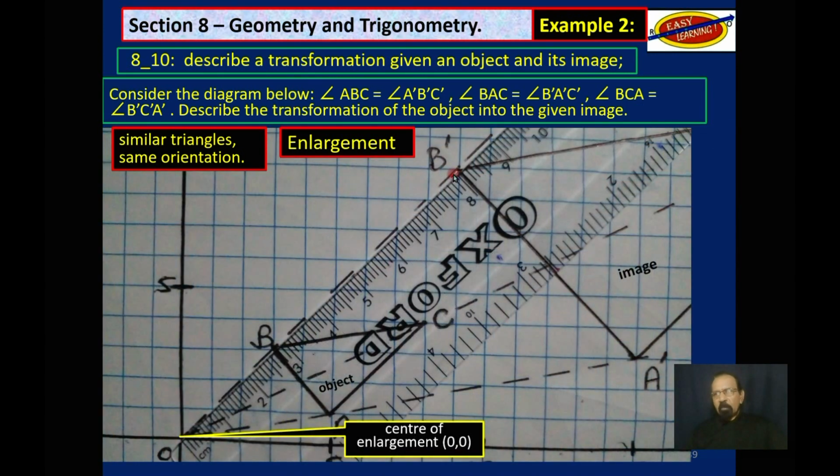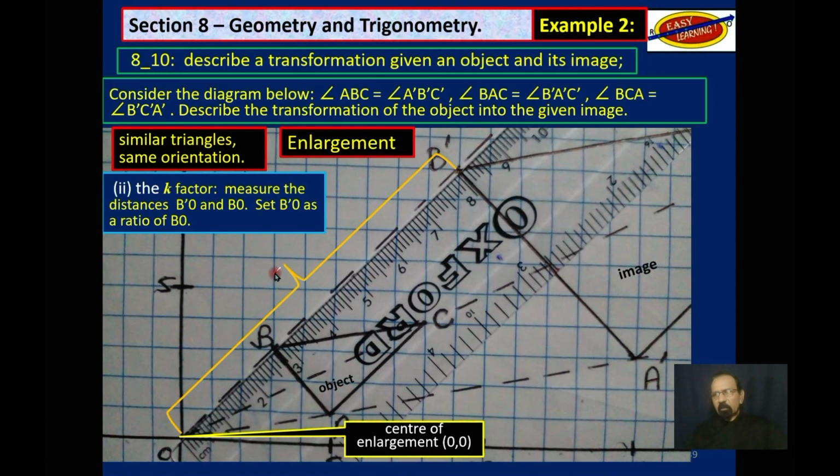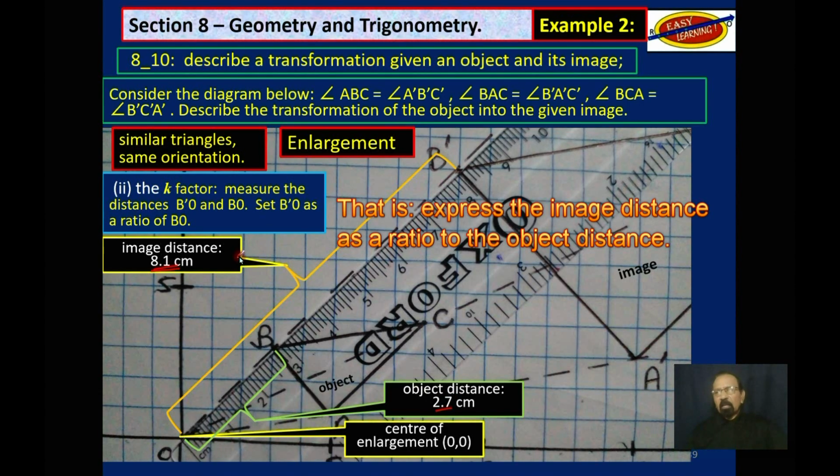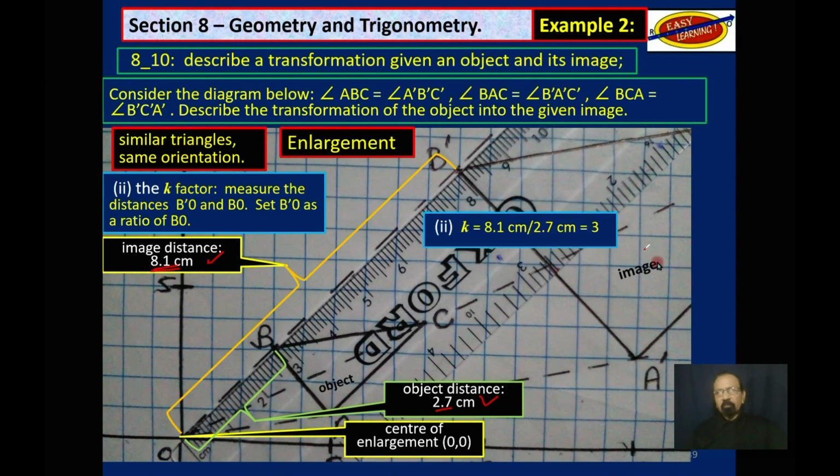If I measure this larger distance here, I get 8.1 centimeters. That's the image distance. And the smaller distance here, I get 2.7 centimeters. Now, it is always the ratio of the image distance to the object distance, or the image size to the object size.